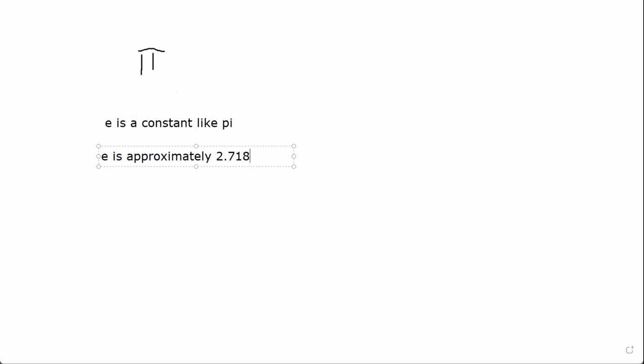So e is a constant, like pi is a constant. e is approximately 2.718. I don't have any more of the decimal places memorized, but it is irrational as well.